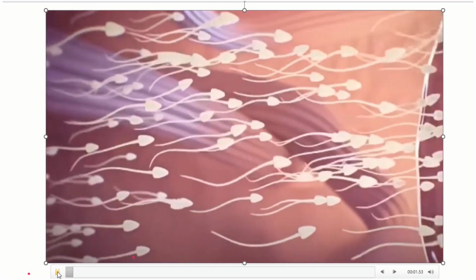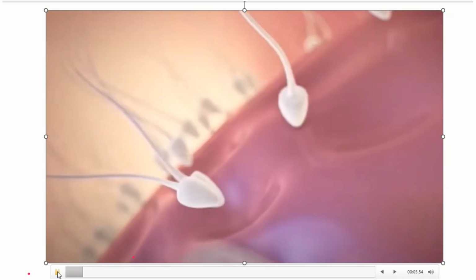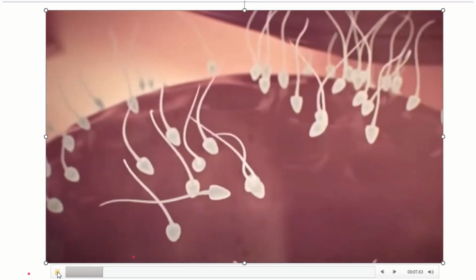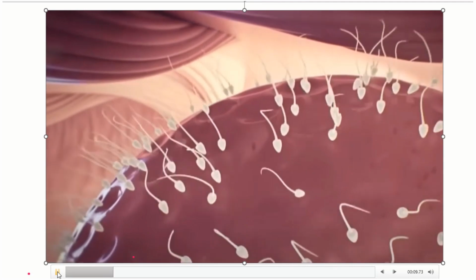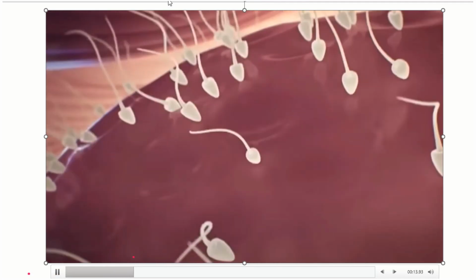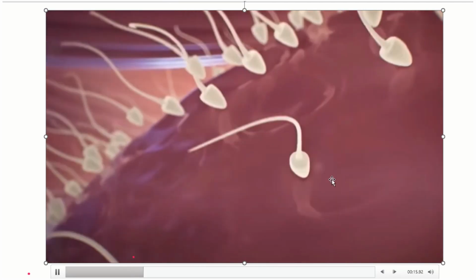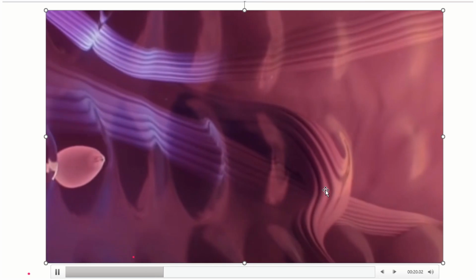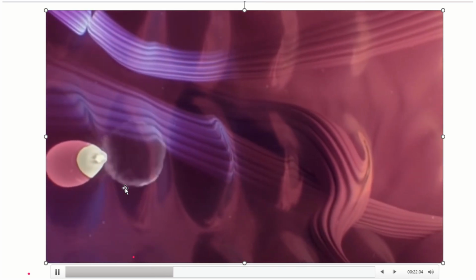You can see here millions of sperm are released inside the female body, and they move towards the egg. What you are seeing here is the egg, and the sperms are moving and finding the protein receptor.